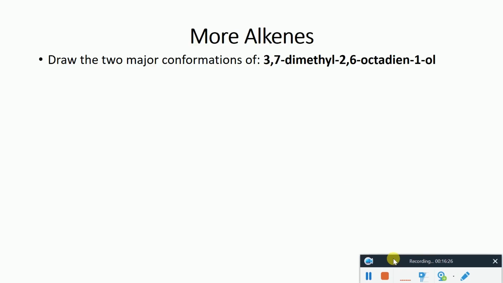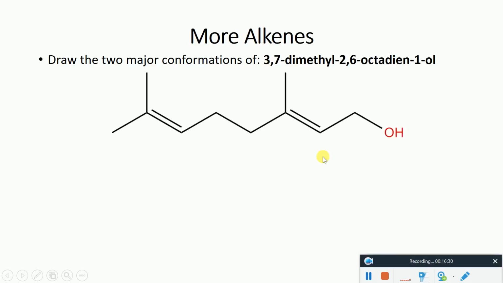So I'm assuming that you have tried. This would have been the more obvious one to come up with, right? So we have carbon 1, 2, 3, 4, 5, 6, 7. And you notice here you have two double bonds.